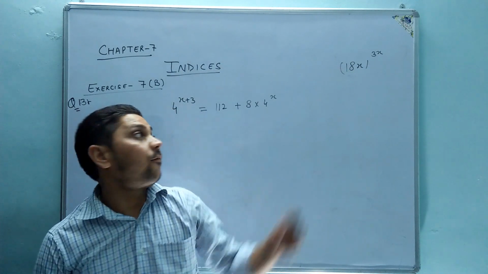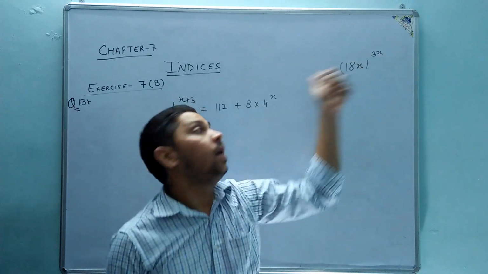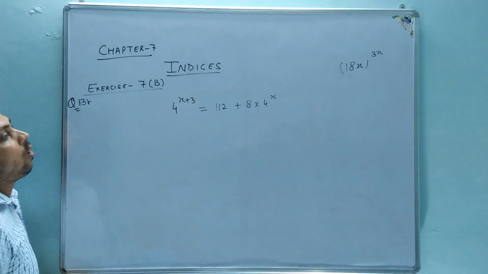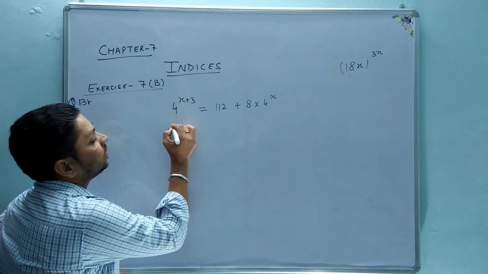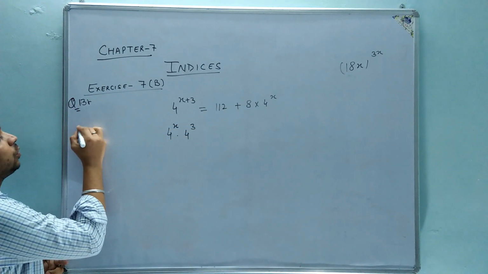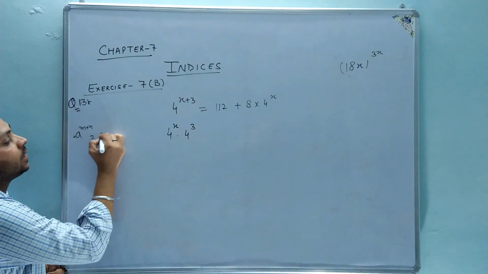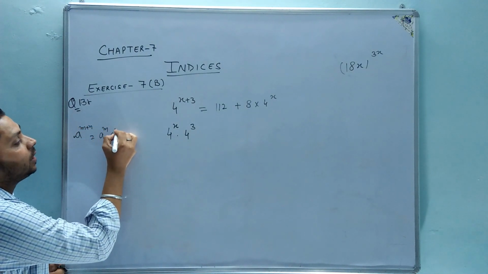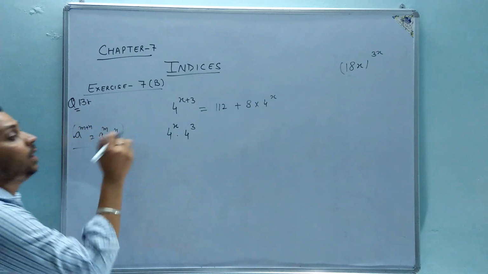First we will find the value of x here. From this condition, find the value of x. I can write it as 4 raised to power x into 4 raised to power 3. A raised to power m plus n is equal to a raised to power m into a raised to power n. This is the property here.